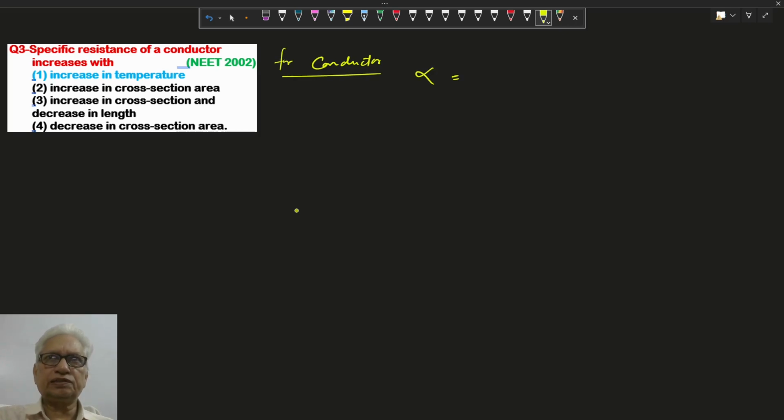Alpha is positive, so if we increase the temperature, you know the resistivity dependency: rho_T is the resistivity at T temperature, rho_0 is the resistivity at 0 temperature, and rho_T equals rho_0 (1 plus alpha delta T), just like resistance.